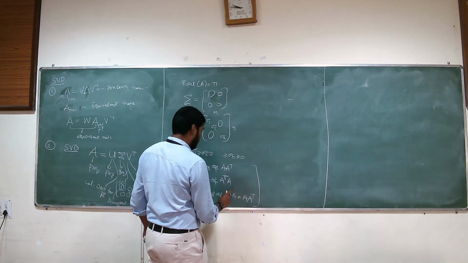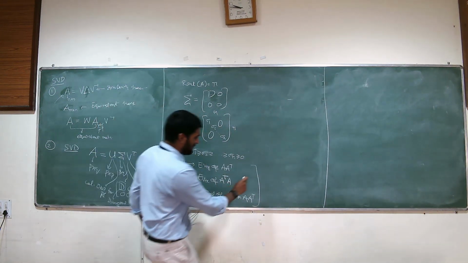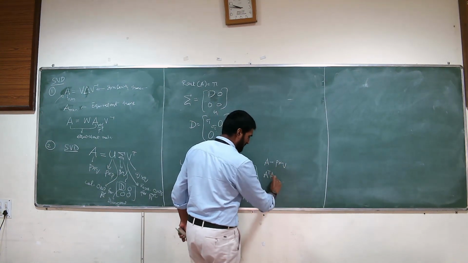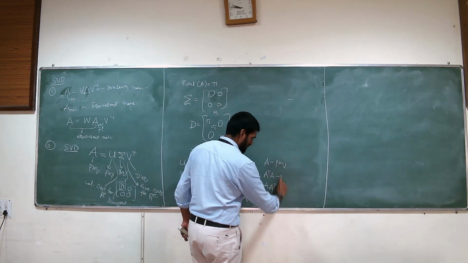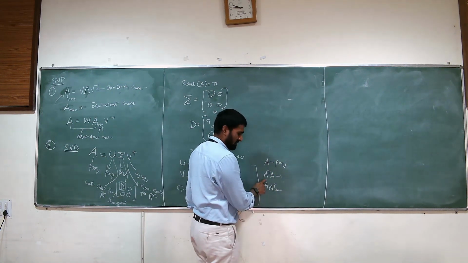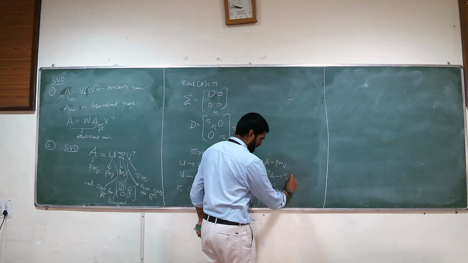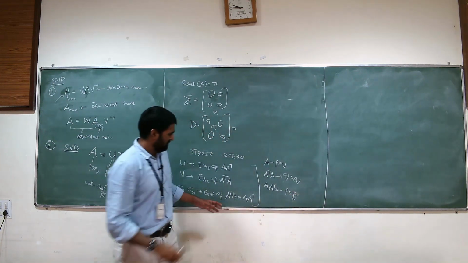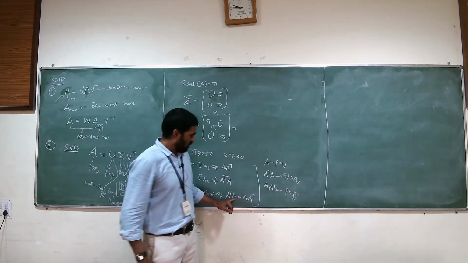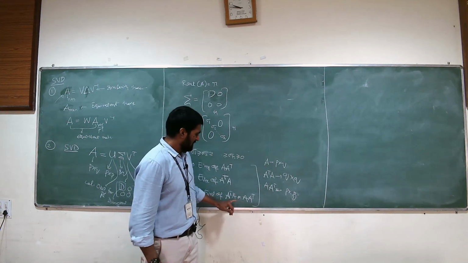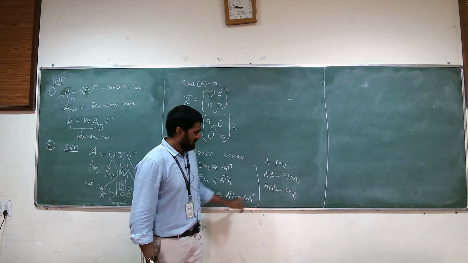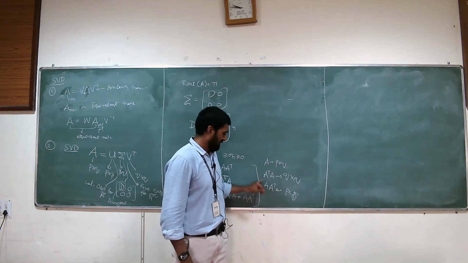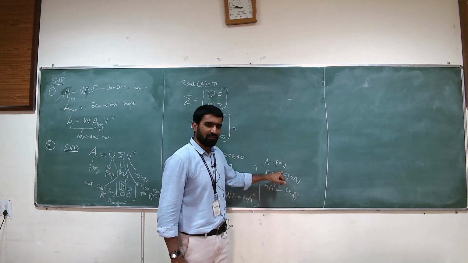We'll see. One question: if A is rectangular, what is the size of A transpose A? What is the size of A A transpose? How can we say that the eigenvalues of both of these are the same? But how many eigenvalues does this have? P and Q are not the same.